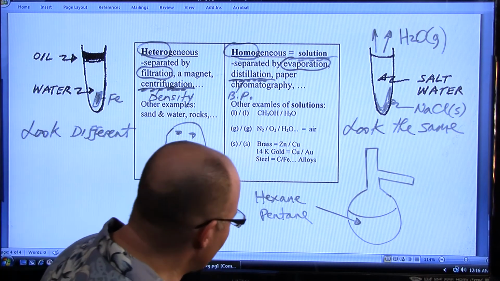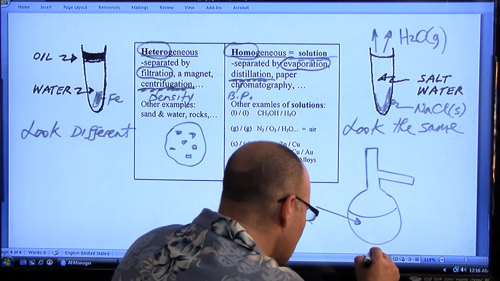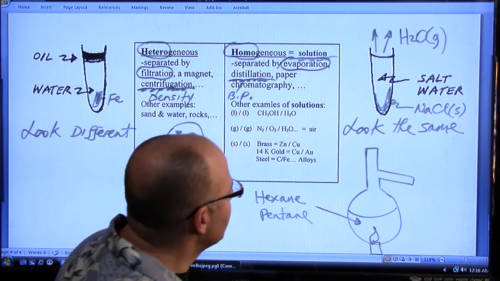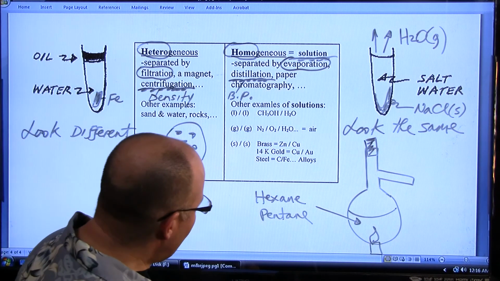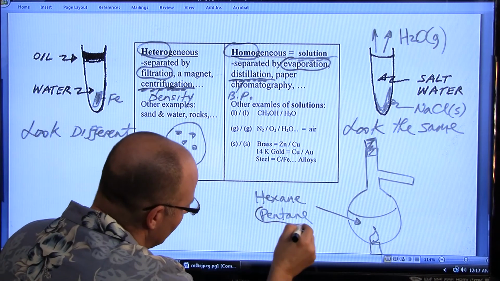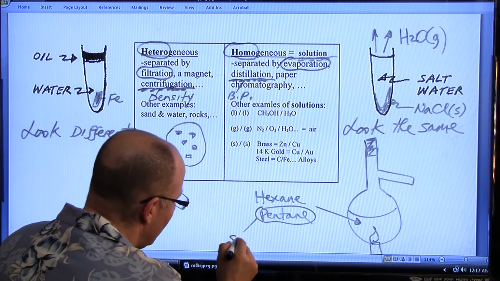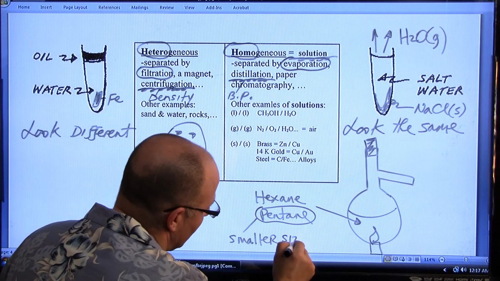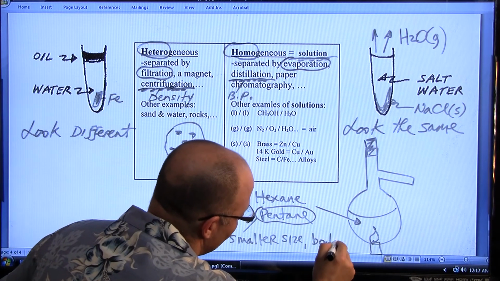So because these liquids have different boiling points, when you heat this up, a little fire there, cap on the distilling flask, what will happen is the pentane, which is the smaller of the two, will boil first. It has a smaller size molecule, and so it boils first.